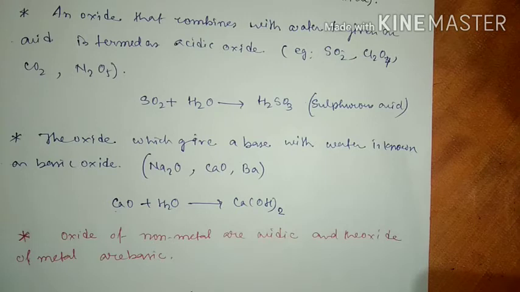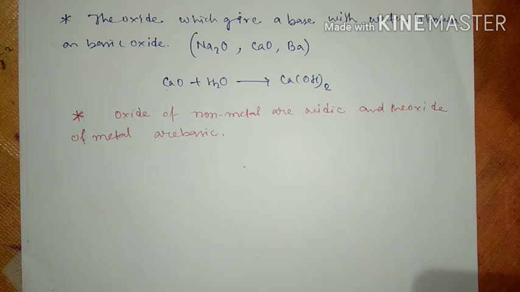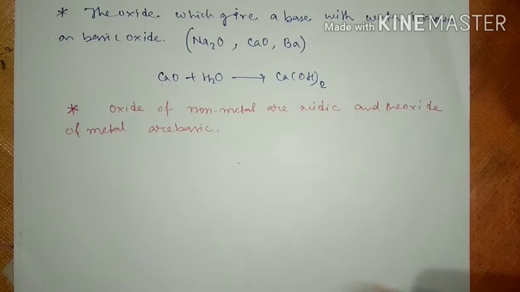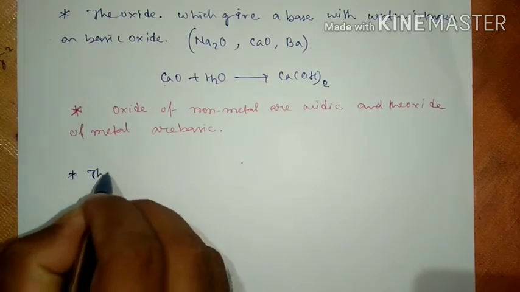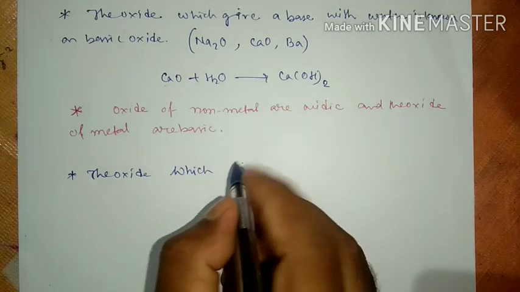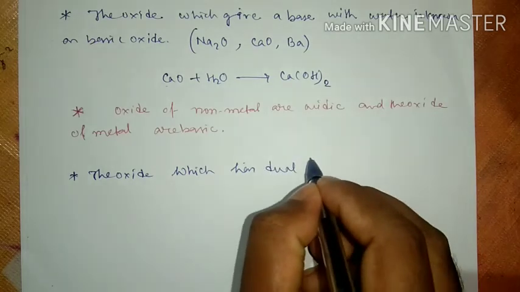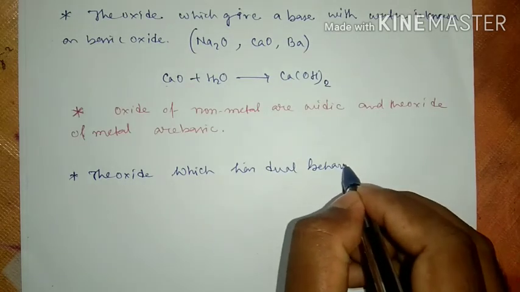Next is the neutral oxides. One of the well-known neutral oxides is aluminum oxide. Now see how. The oxide which has dual behavior is called neutral oxide.